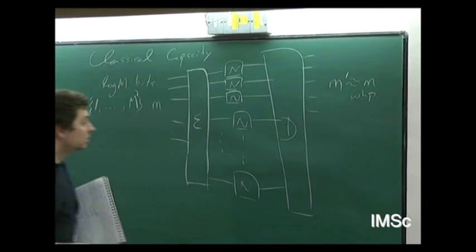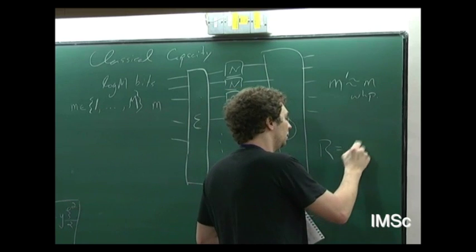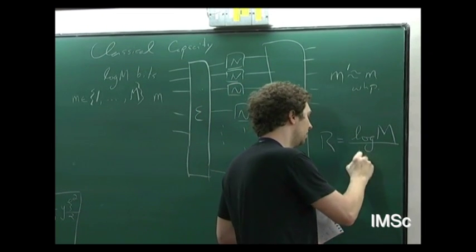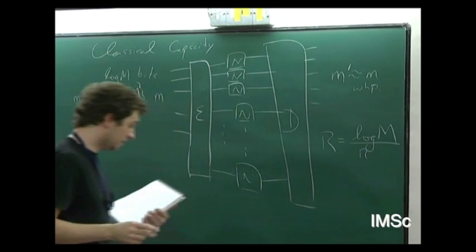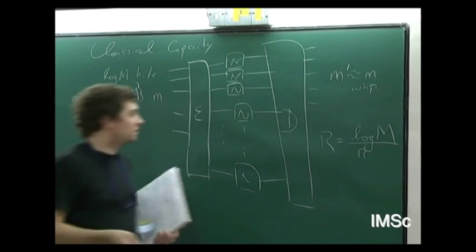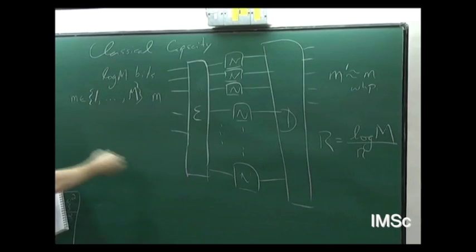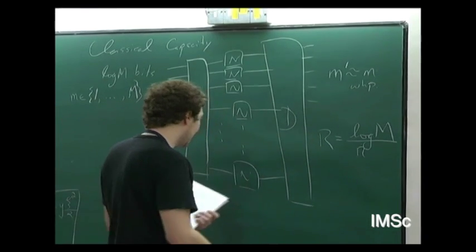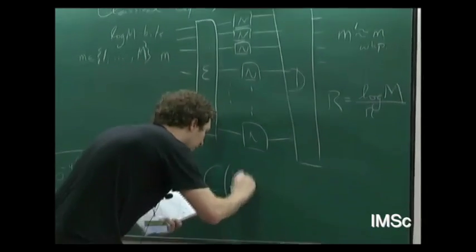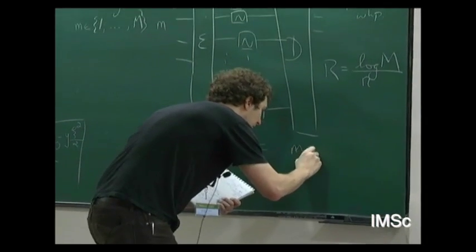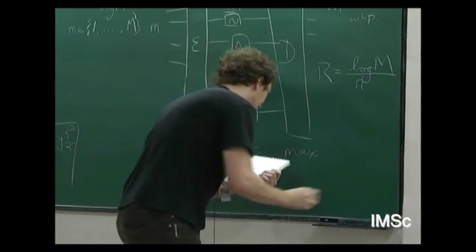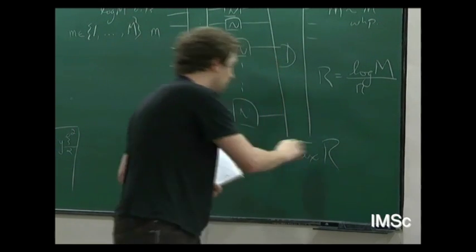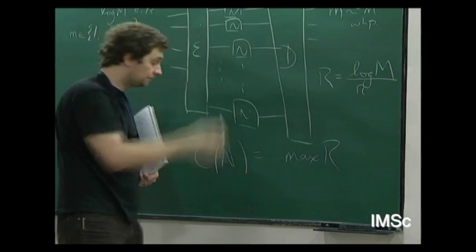The rate of the code is just log M, the number of bits that you're trying to transmit, divided by the number of channel uses. We say a rate is achievable if there is some code like this that allows you to decode with high probability. And we just call the capacity of the channel the maximum achievable rate for the channel.